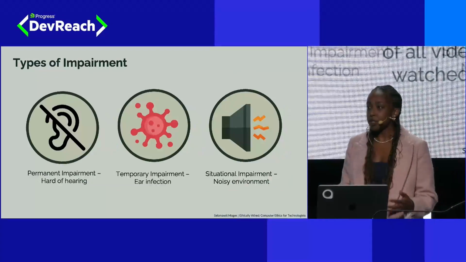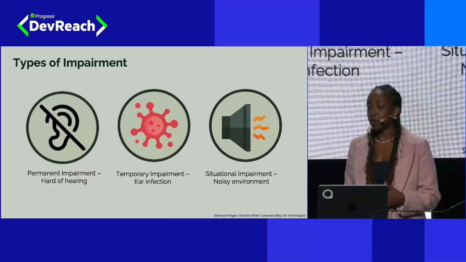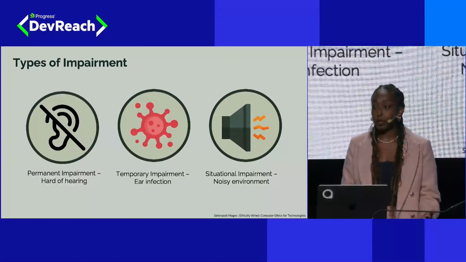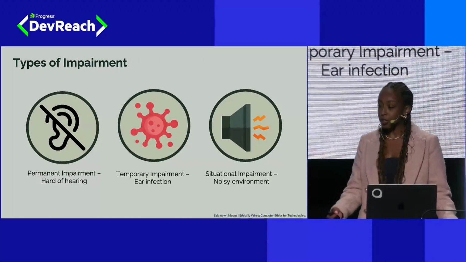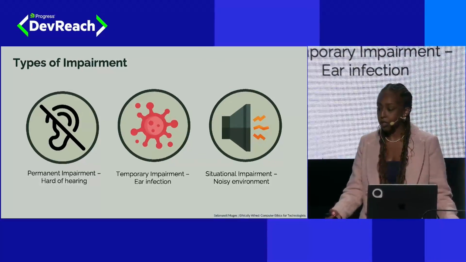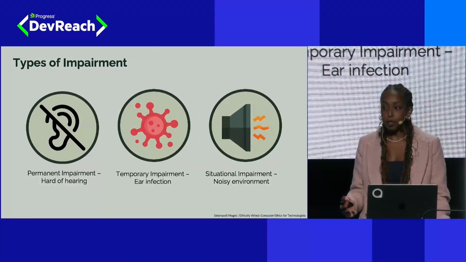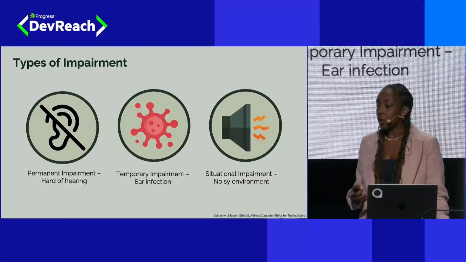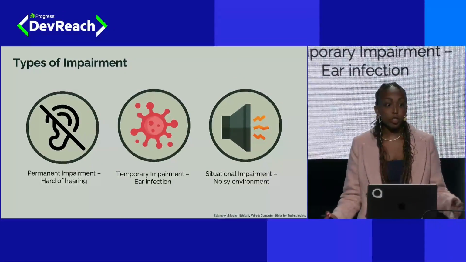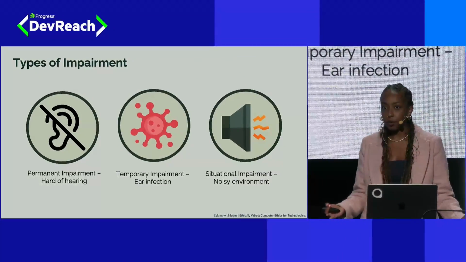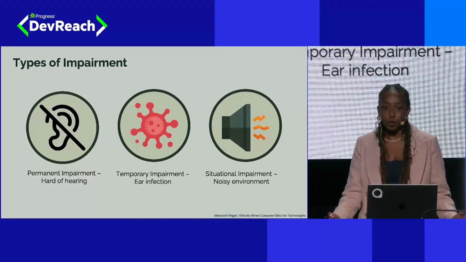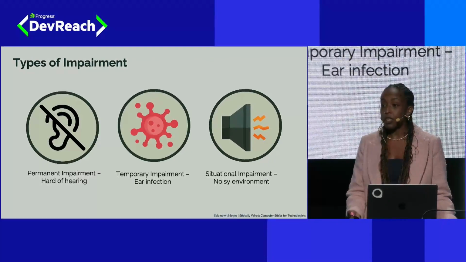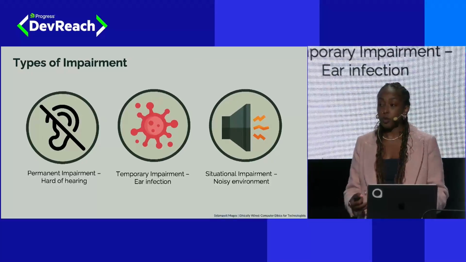So subtitles were initially intended for those who are hard of hearing or have a permanent impairment. But then when we think more broadly of the other situations, we actually have two other categories. Things like a temporary impairment, for example, an ear infection, or even a situational impairment, such as a noisy or quiet room. These are all other situations where subtitles will enhance a user's experience to enjoy a video, despite the fact that there is some sort of barrier.